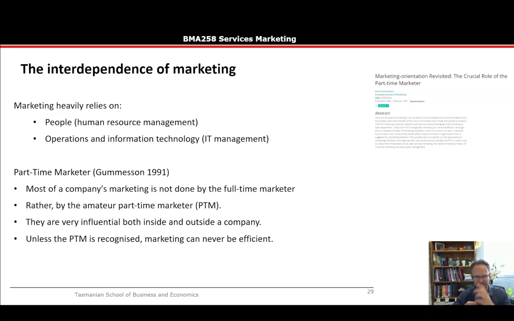All of these are concepts that a lot of people don't really understand, but it's our job to know what they are. The actual delivery of that is usually done by the people interacting with the customers, or the people at the front desk. If you're running a hotel, it's not the marketing manager in the office working on the marketing plan that's actually interacting with the customers. It's usually the customer service agents that are doing it. So it's important to understand that concept.